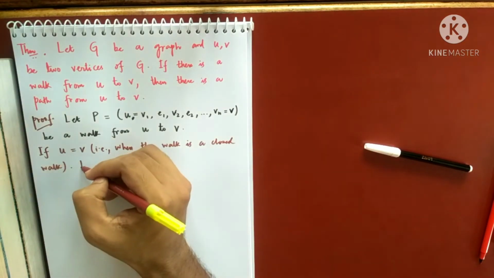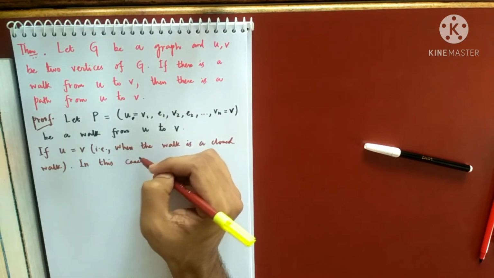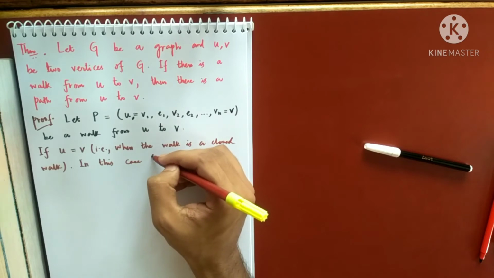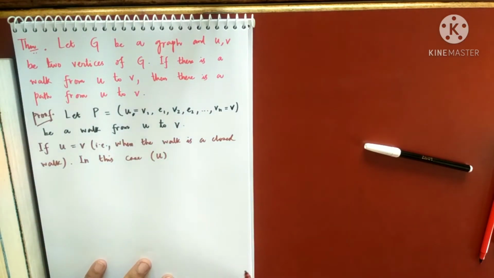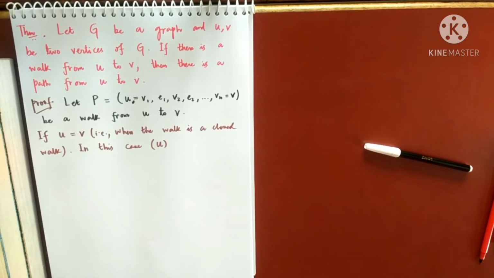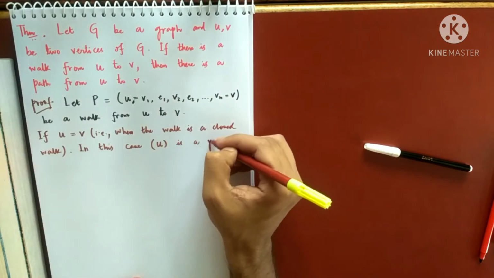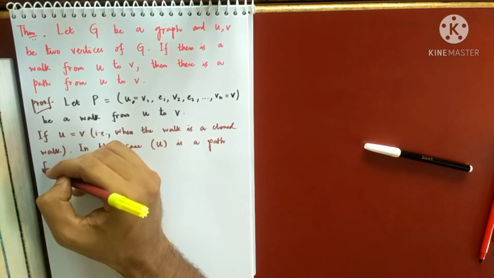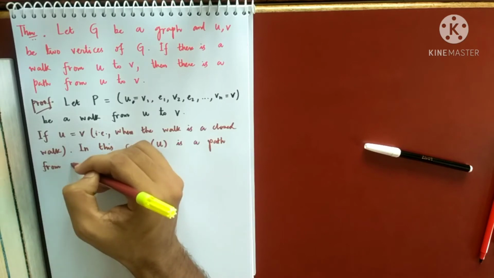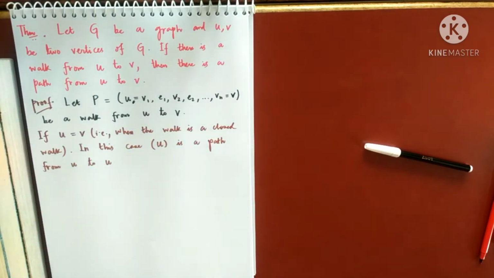So in this case, just considering U, this is a path from U to U because I'm starting at U and I'm ending at U. So in this case, this is a path from U to U, consisting only of a single vertex and no edges.